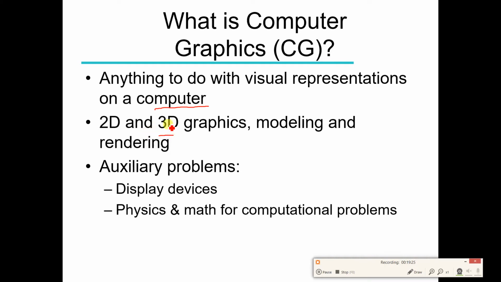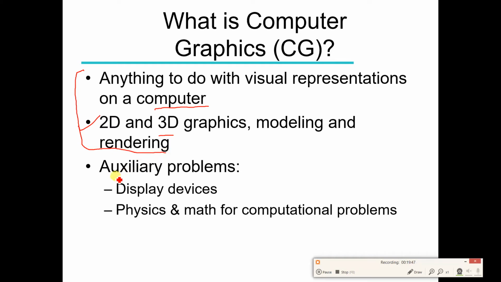So both concepts are going to be covered: the modeling, then the projection and rendering of this three-dimensional model onto the two-dimensional screen. So 2D and 3D graphics, modeling and rendering are the essentials of computer graphics, the main things we have to deal with.